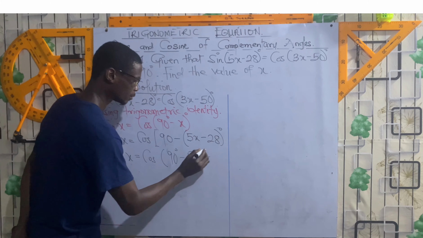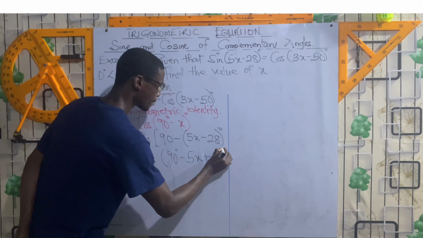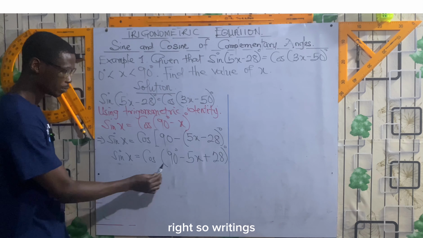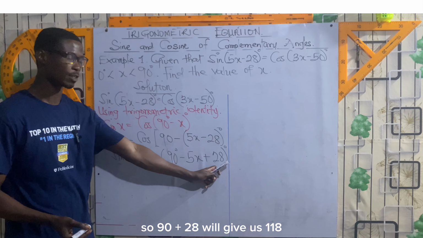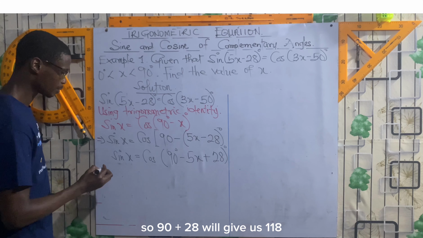Like terms, this and this are from the same family. So 90 plus 28 will give us 118.